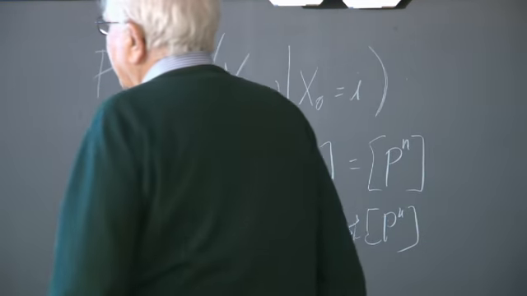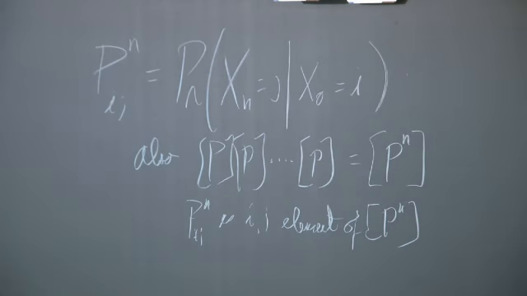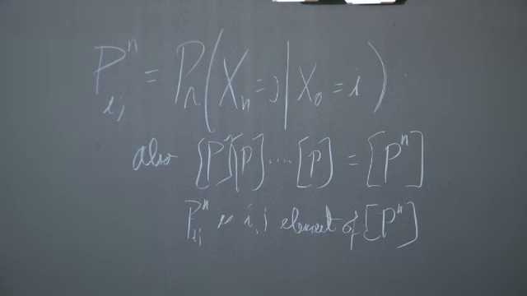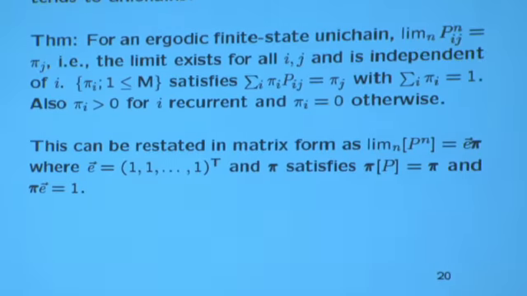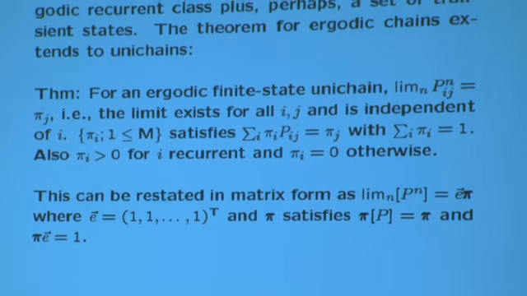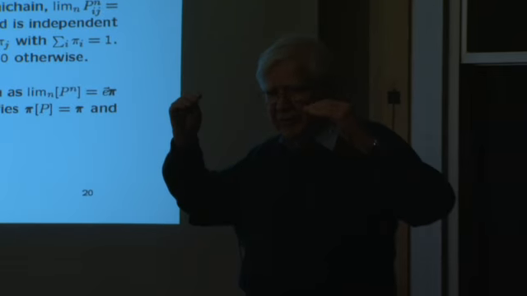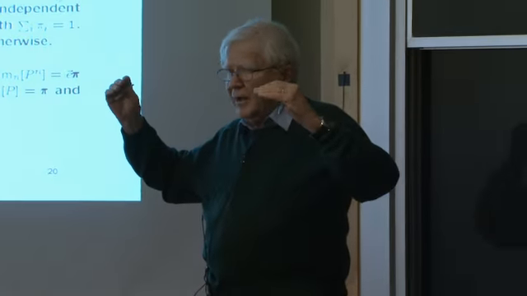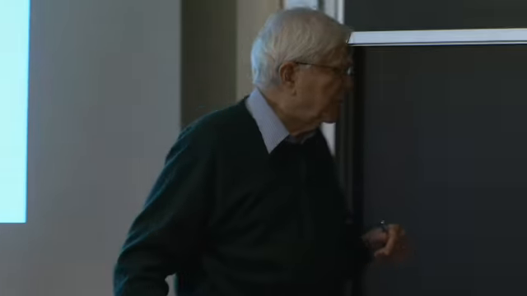I'm sure all of you know that by now because you've been using it all the time. And what this says, what we've said before, is that every row of this matrix P to the n is the same. Every row is equal to pi.